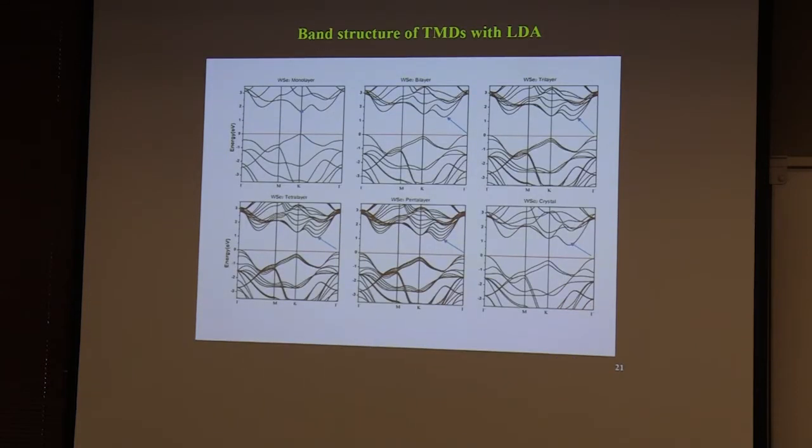Okay, so here what I have done is I have calculated with tungsten diselenide, with LDA, DFT, monolayer, bilayer, 3 layers, 4 layers, 5 layers, and bulk. And the only one that exhibits a direct band gap is the monolayer. As soon as you put the other layer, just as in graphene, then in this case, your direct band gap disappears.